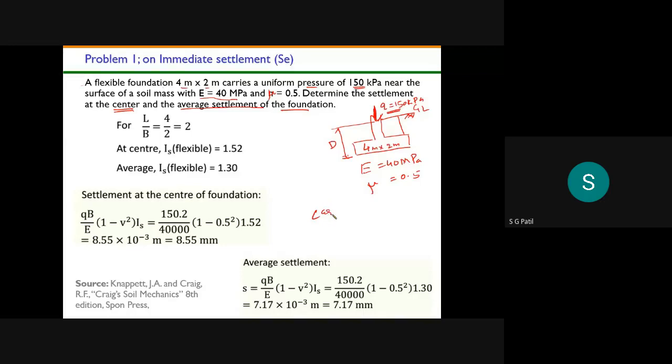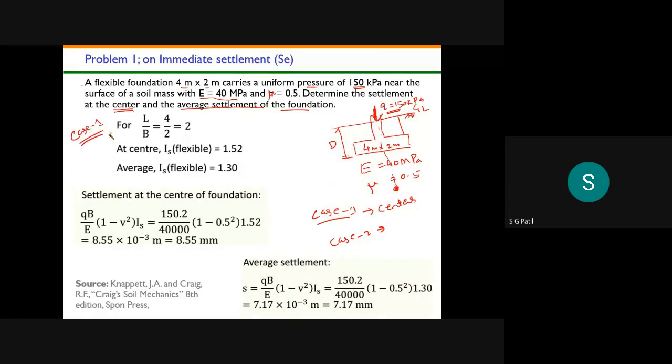Case one is at the center of the footing. Case two is the average settlement for the whole 2 meter width. So let us start with case one.